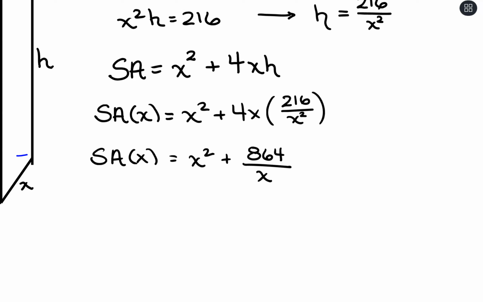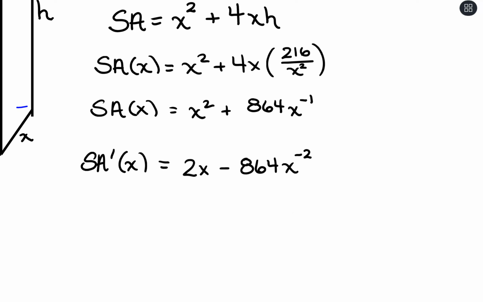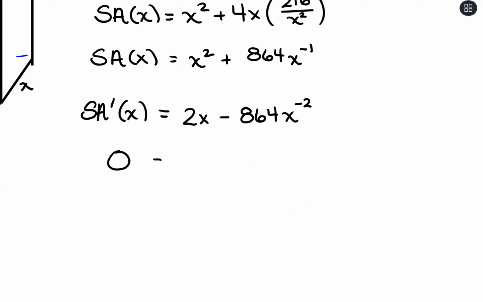Okay, and actually I'm going to write that as x to the negative 1 because now we're going to take the derivative. So the derivative of our surface area function will have 2x minus 864 times x to the negative 2. And we're going to see where that is equal to 0.